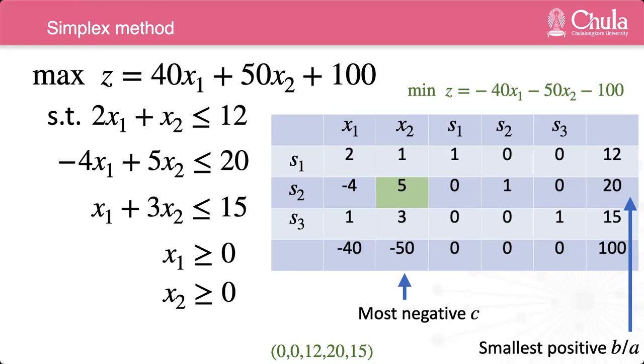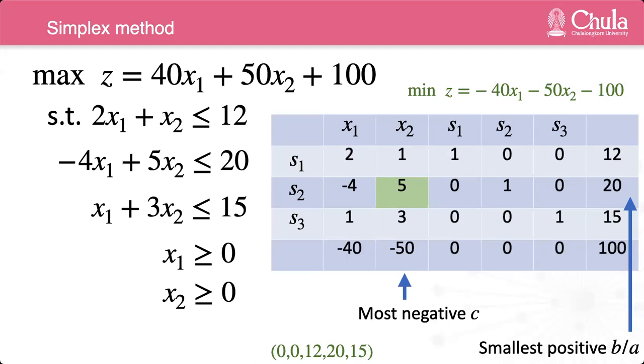It's 100. Apparently, you look at the coefficients. What happens if x2 increases? Because the coefficient here is negative. What happens if we increase the value of x2?